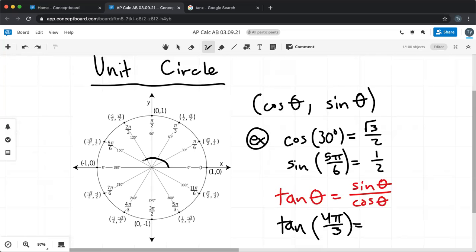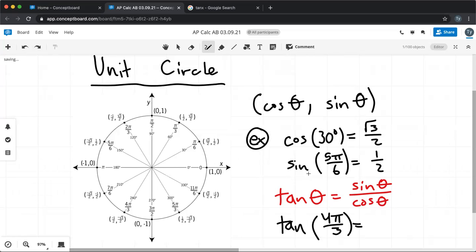We go counterclockwise all the way around. That would be a positive 2 pi radians. We can go the other way. We still always start here on the positive x-axis. If we go the other way, we're going negative. So this would be negative 2 pi radians because we went clockwise.